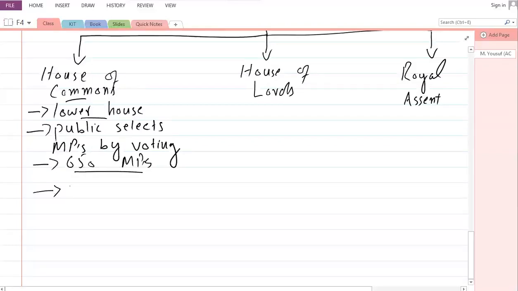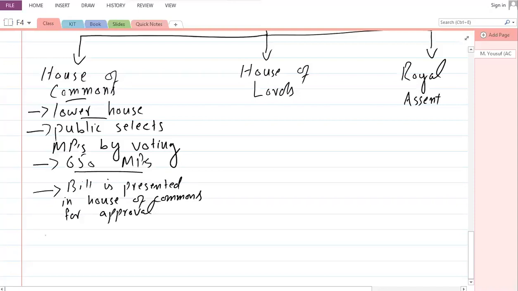When the bill is presented in House of Commons for approval.